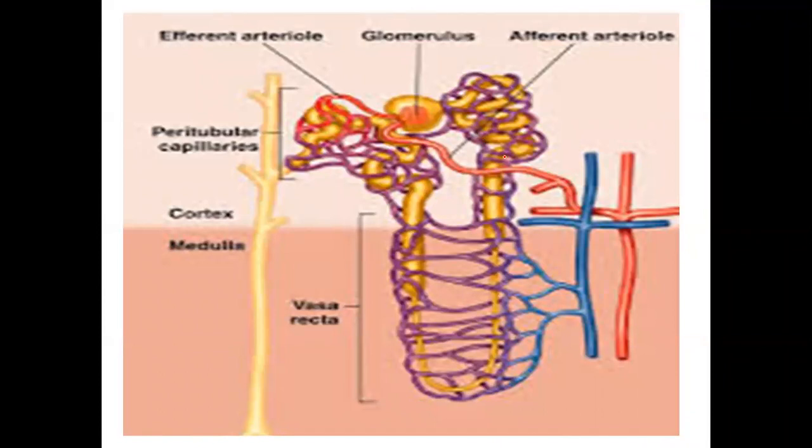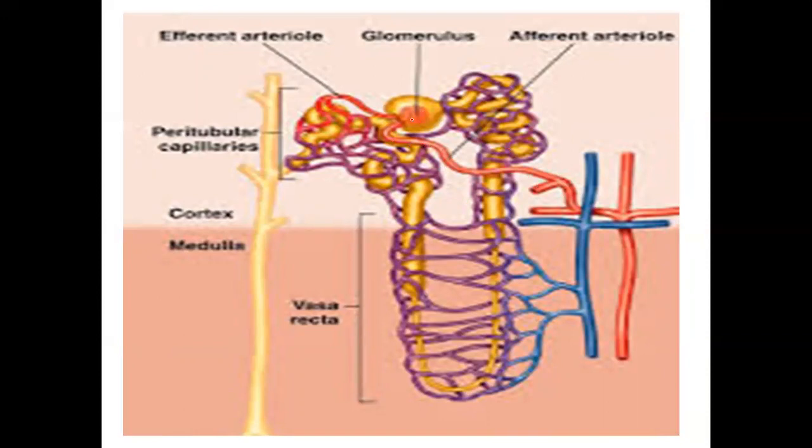Another thing that you can notice is that around the nephron, there is a network of capillaries. A branch of the renal artery divides into capillaries and forms a network of capillaries in the Bowman capsule, and this forms the glomerulus.